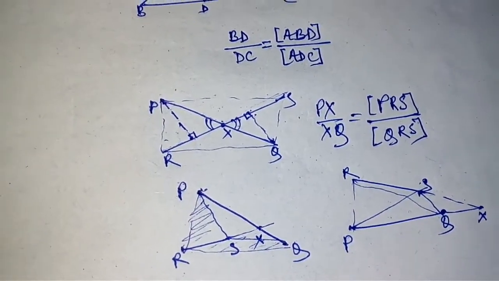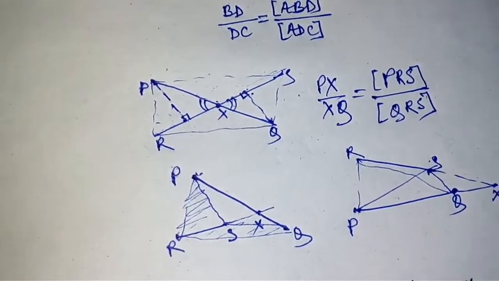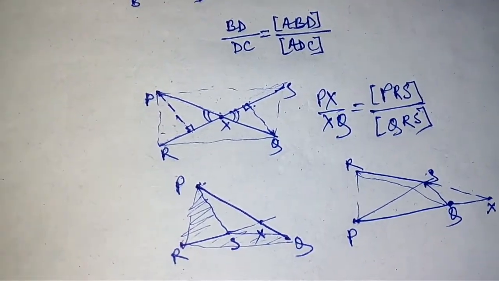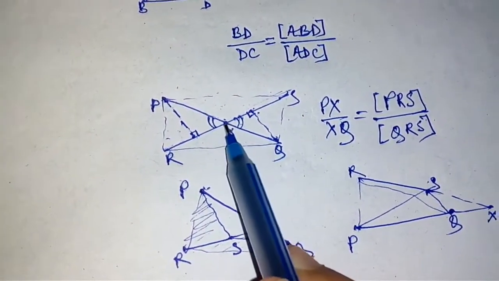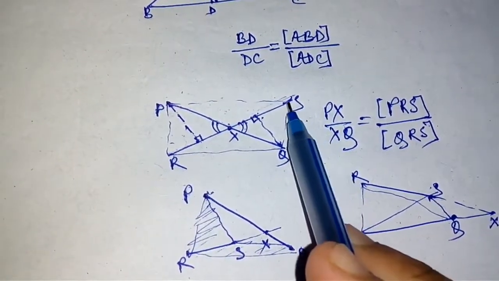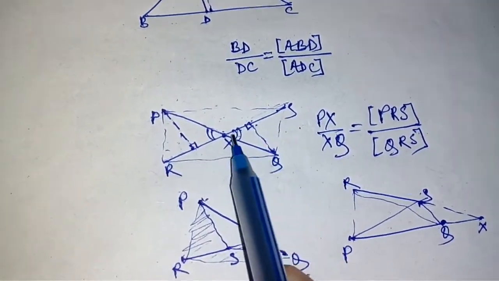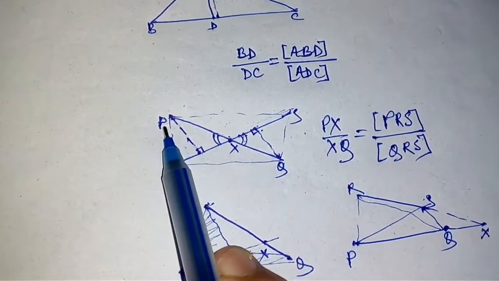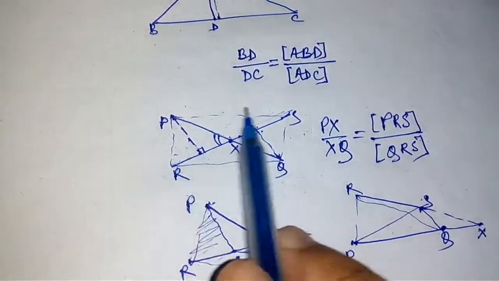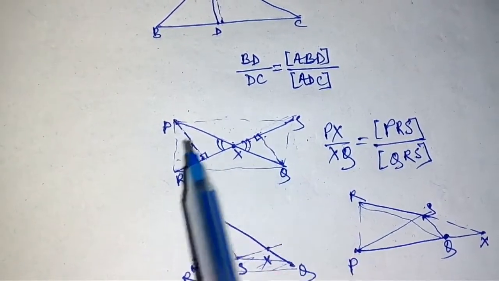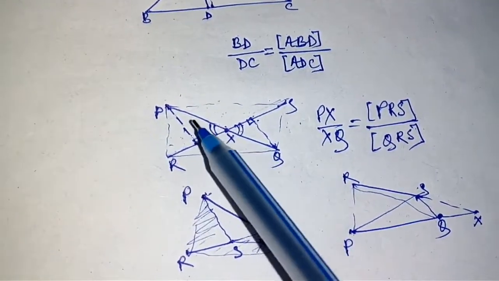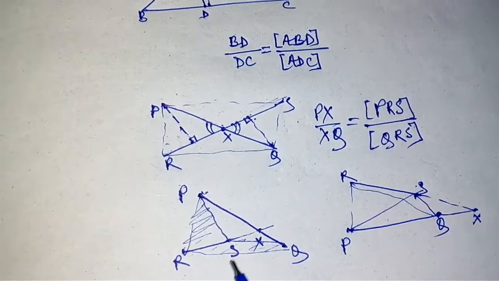Hence the intersection of PQ with RS leads to the formation of point X. So once I have identified the line responsible for the point X, I also know the corresponding two points on that line, and if I use this theorem, that is PRS and QRS, and calculate the areas, then I will get PX by XQ.